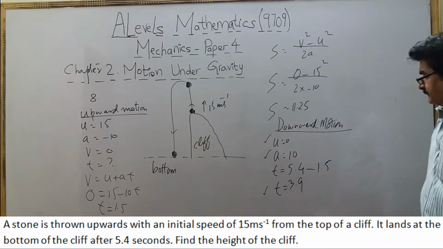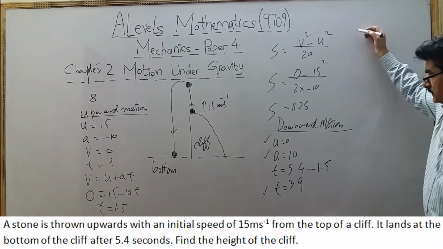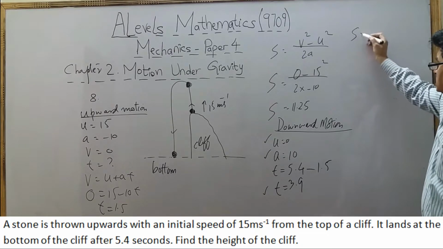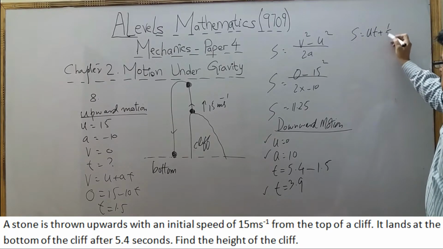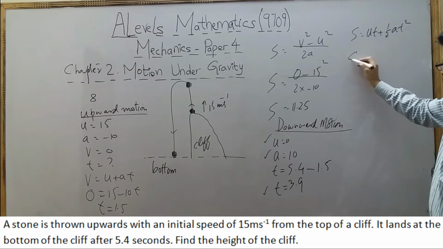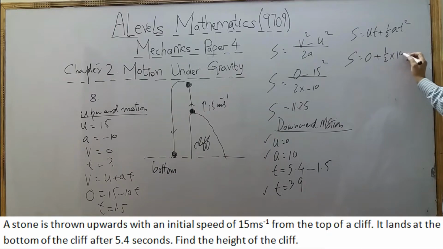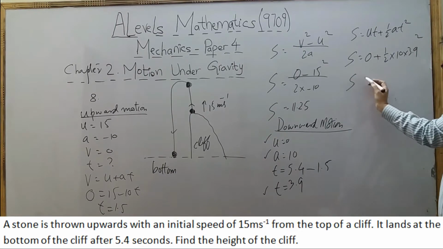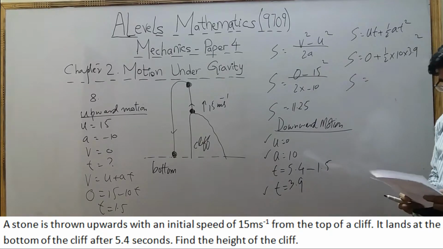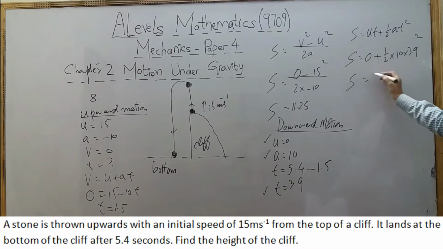Now we have this data, we have to find distance. S is equal to ut plus half at square. Putting the values, this is 0, this is half, 10, what is t? It is 3.9 square. Using calculator and simplifying it, you will find this value 76.05.